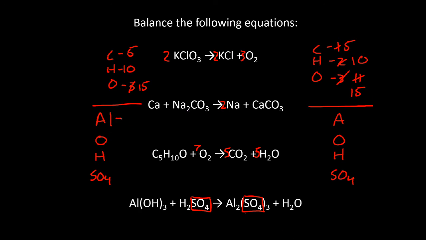So if we look here, we have 1 aluminum, we have, let's see, 3 oxygens that are not in the sulfate, because remember, we're not counting those. This is part of the sulfate. We have 1 sulfate on the left side of the chemical reaction. And then outside of the sulfate, which I guess the sulfate doesn't have hydrogen anyway, but we have 3 plus 2, which is 5 hydrogens.